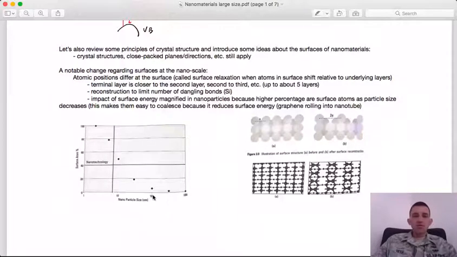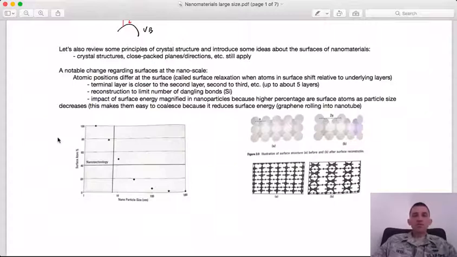But if you go down an order of magnitude, now you're talking maybe 4 or 5%. Go down another order of magnitude, you're talking 50%. Go down another, not even a full order of magnitude, and you get to the regime where every atom is a surface atom.